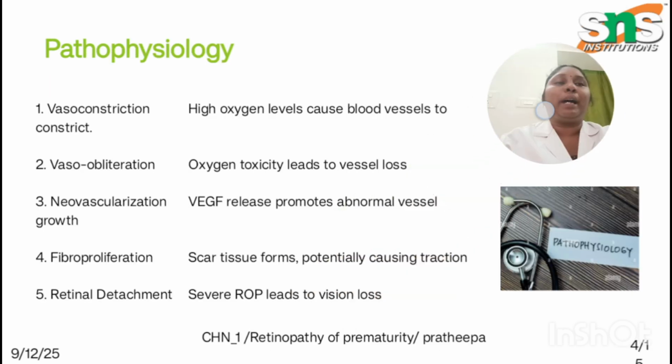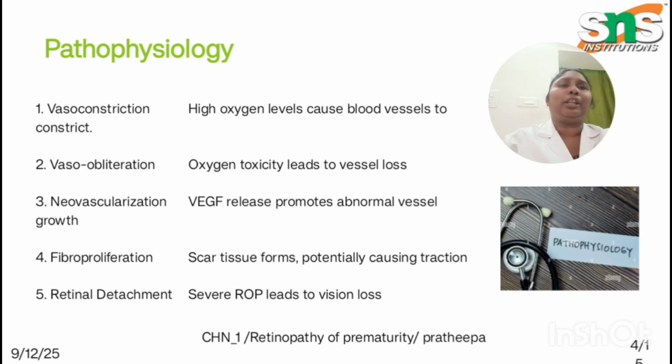So what is the pathophysiology? Vasoconstriction: high oxygen level causes the blood vessels to constrict, and vasoobliteration, that is oxygen toxicity leads to vessel loss, or neovascularization, so VEGF release promotes abnormal vessel growth, and fibroproliferation, where scar tissue forms, potentially causing traction and retinal detachment, and severe ROP leads to vision loss.